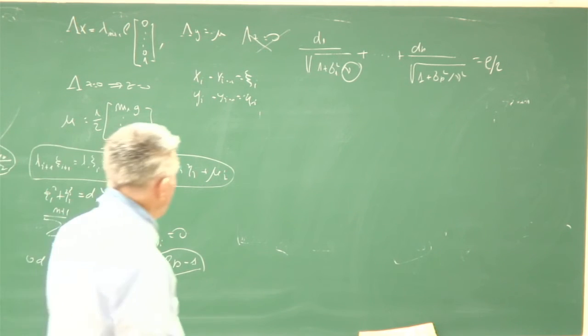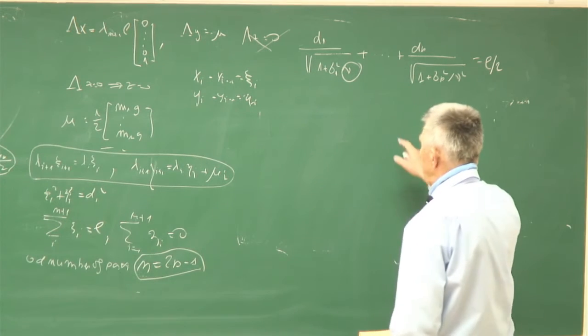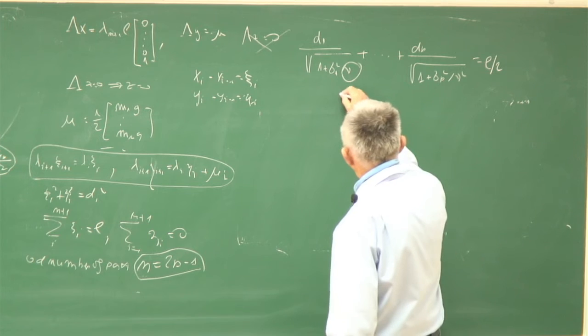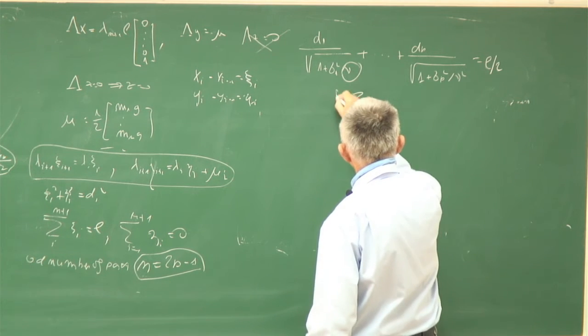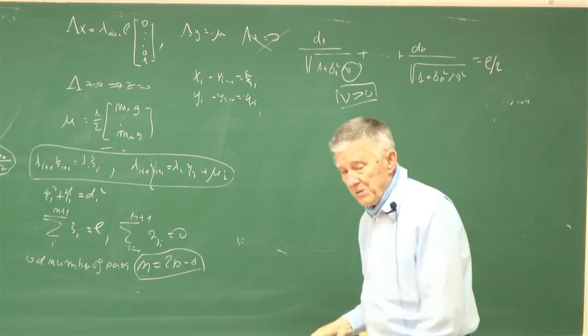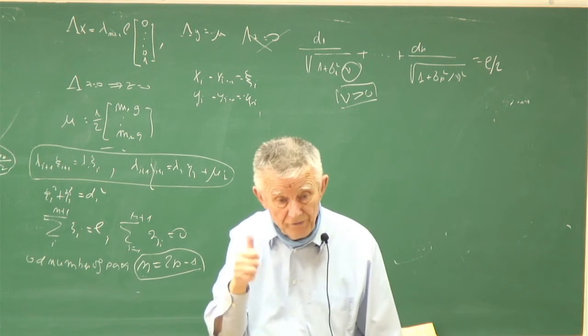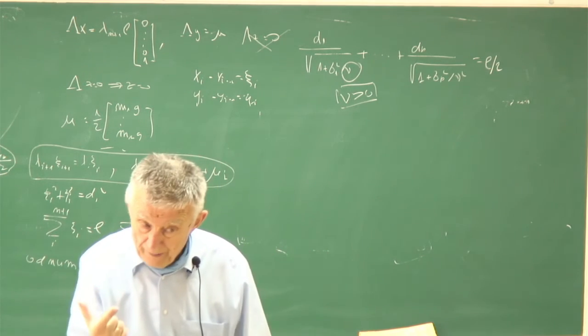Now, we know that we have to look for nu larger than 0. That's where we have to solve, because the product of lambda I and psi I, both of them are positive.